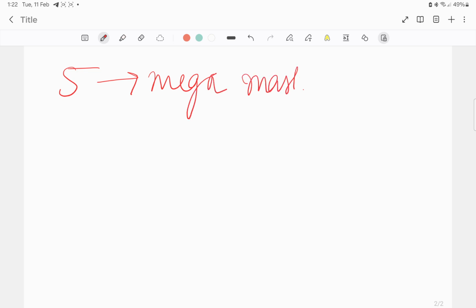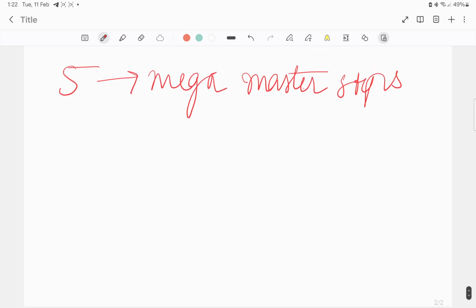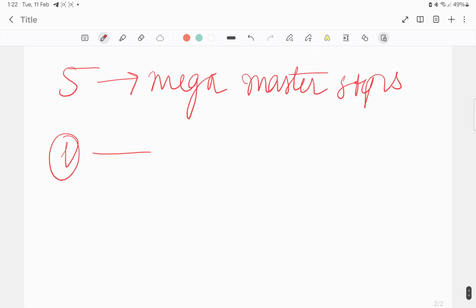But the Grandmaster will be doing 5 mega master steps. Step 1: you need to identify the passage's core idea first of all.